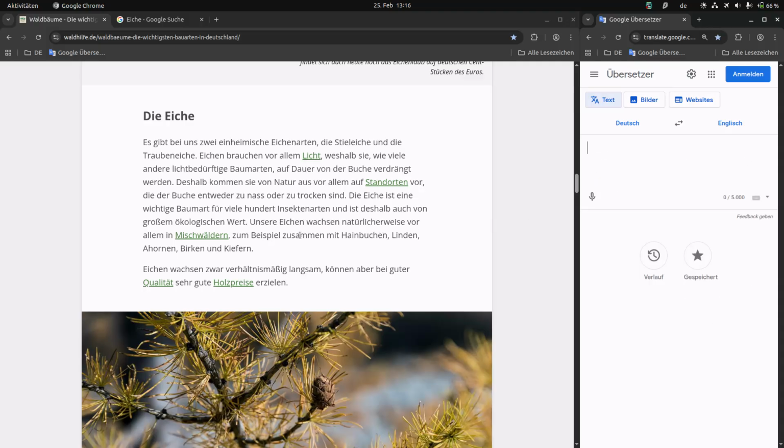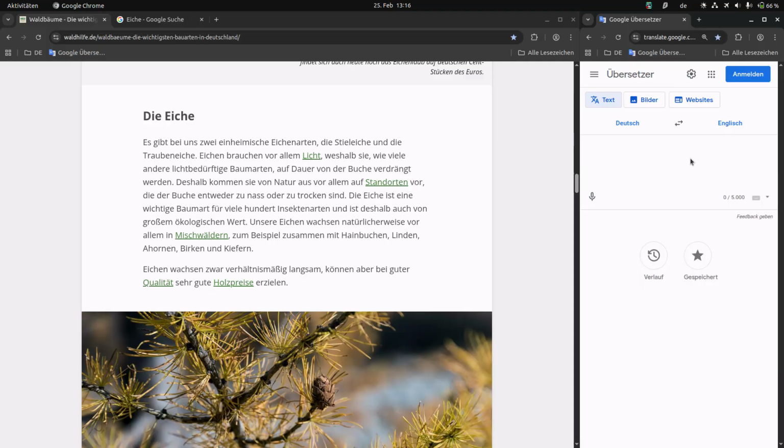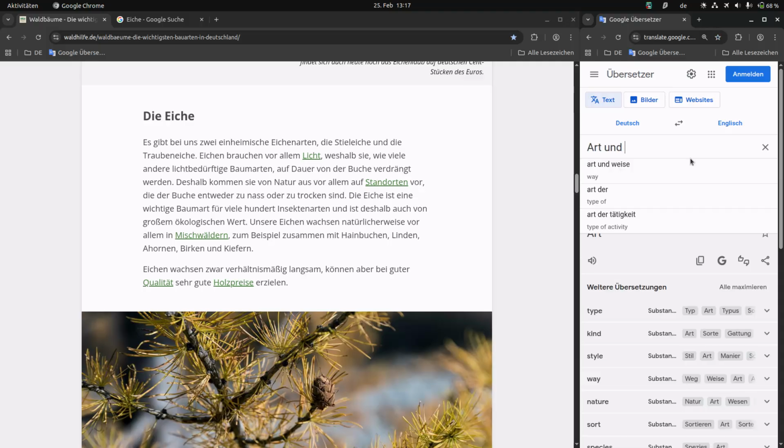And wachsen natürlicherweise, naturally, of course, because in English it's that way. But weise, how do I explain that? Weise in general means way, kind of, manner, fashion. We have that famous word cluster where we say Art und Weise.